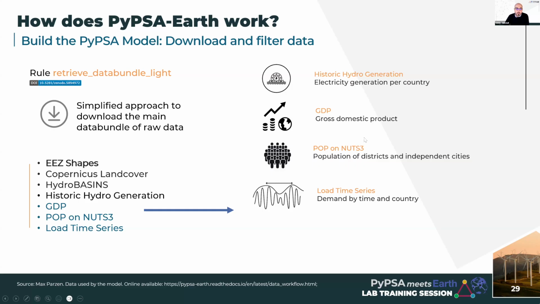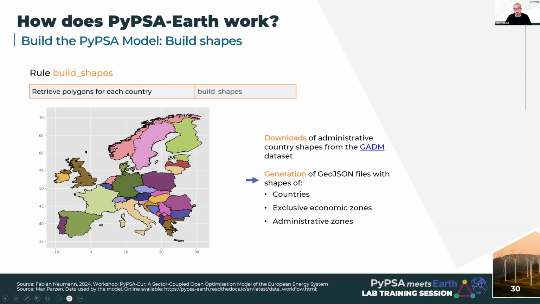We can choose even SSP1 in the future, and then we have them for multiple years. These are estimations of future energy demands per country, based on population growth, GDP, and also weather data in the future. These will be used as a load time series for the electricity demand in the future.